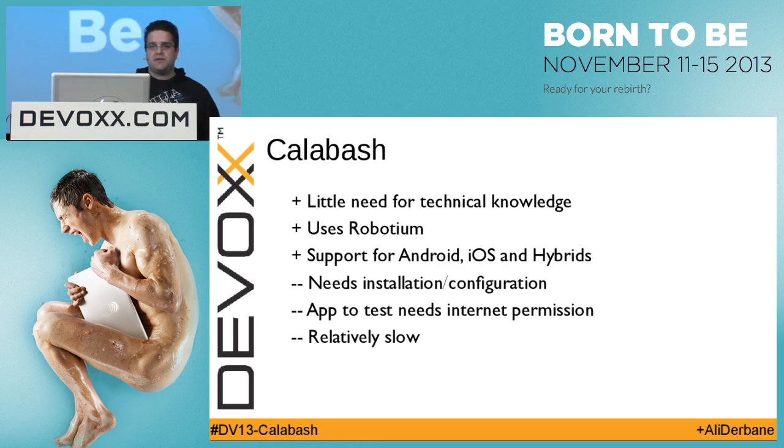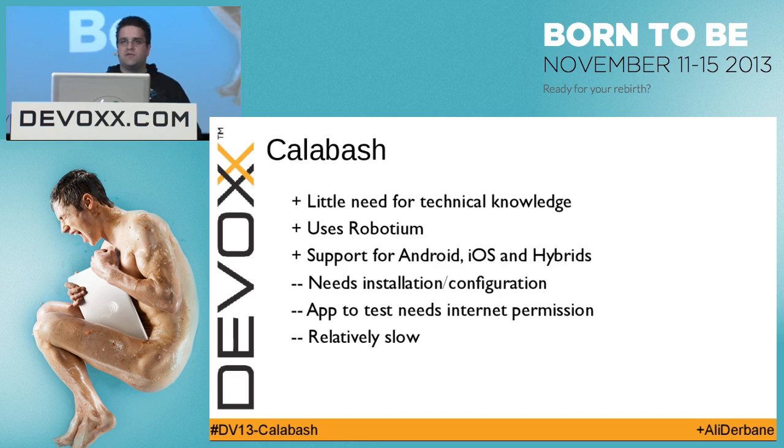All right, Calabash. Who of you have heard of Calabash? Okay, well then you're at the right place. You don't need to have too much technical knowledge to start writing Calabash tests. It uses Robotium, which is comprehensive.